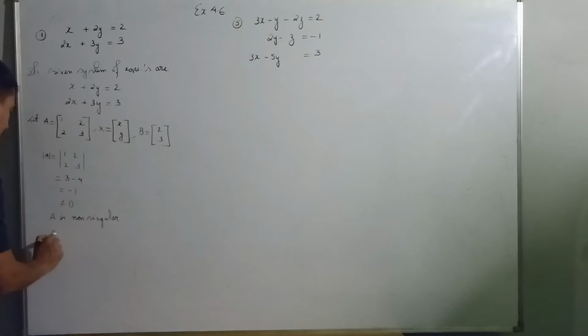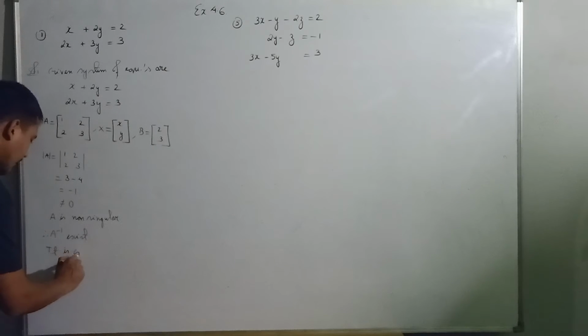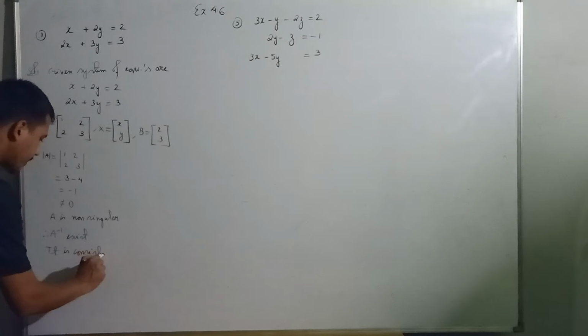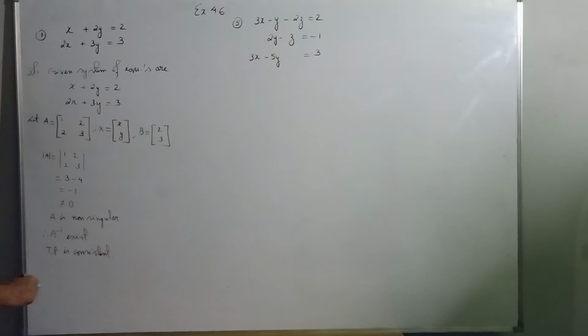That means A inverse exists, and hence the given system is consistent. Correct? Only if this is 0, we have 2 cases more. Otherwise, if this is non-zero, then done.